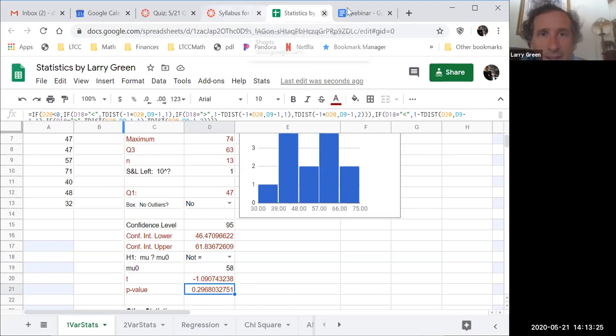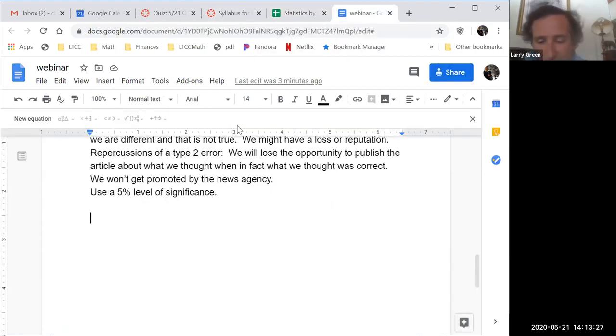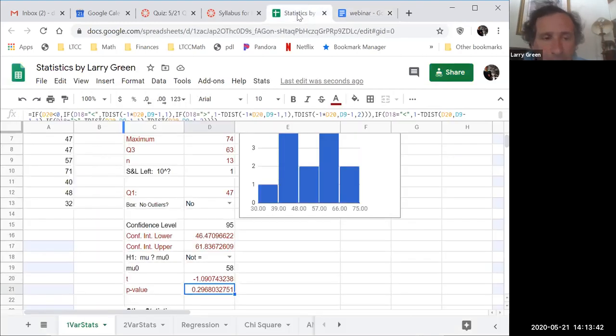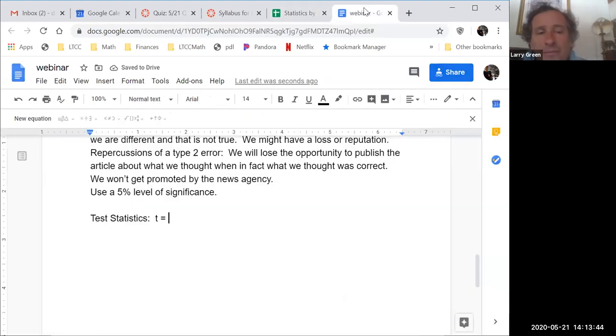Okay, so the p-value, let's go in here. Notice the p-value. In fact, let me write down the test statistic, because you can often be asked about the test statistic. The test statistic was t equal to about 1.09. On the homework, by the way, carry more decimals.